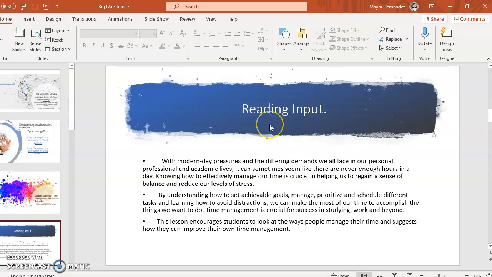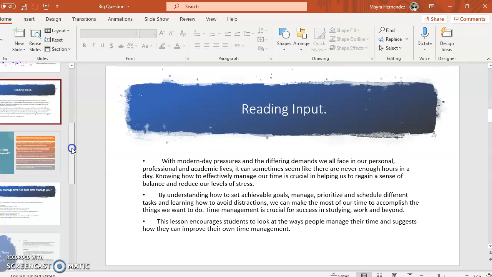And this is something that we give the students in the reading input. The reading input also is a very important source to give students vocabulary and ideas in context.